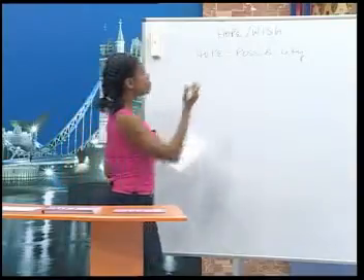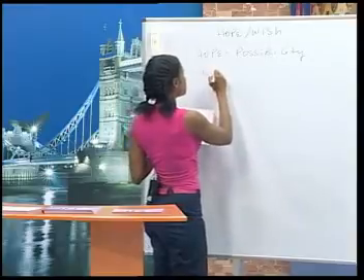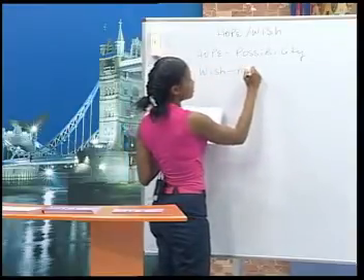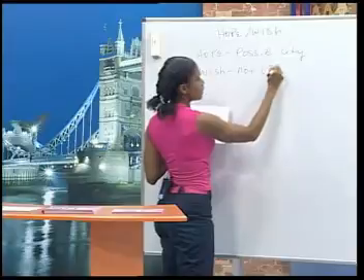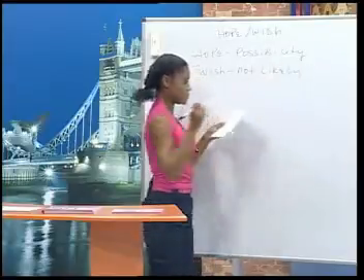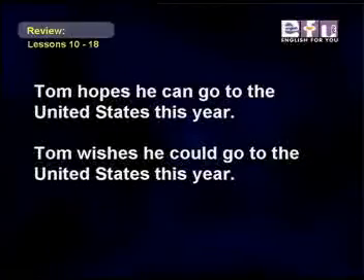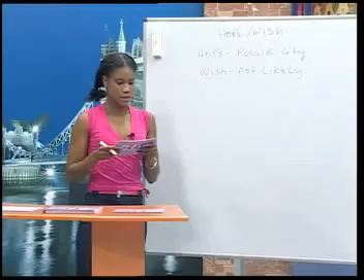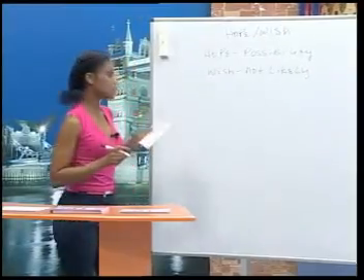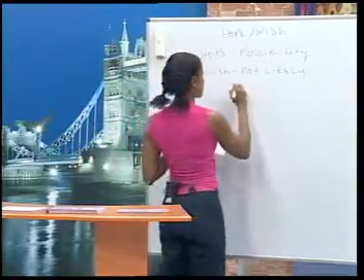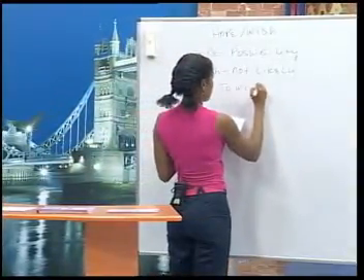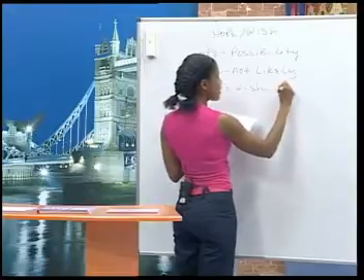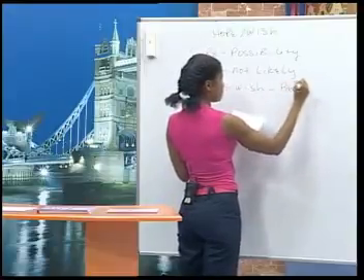But with the verb wish, it's not likely, not probable, that it will happen. So, Tom wishes he could go to the United States this year means there is little or no possibility that he could go. When we use the verb to wish, we use the past tense of the verb following it.